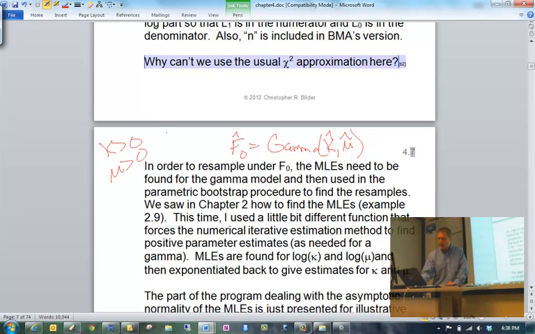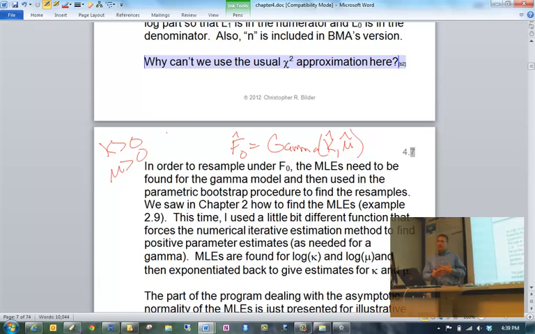Remember with a gamma, your parameters have to be greater than 0. When I was applying the function that I developed in chapter 2 with optim, I was sometimes getting, with my resamples, negative parameter estimates.